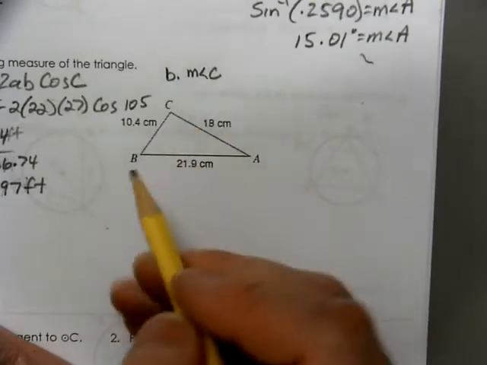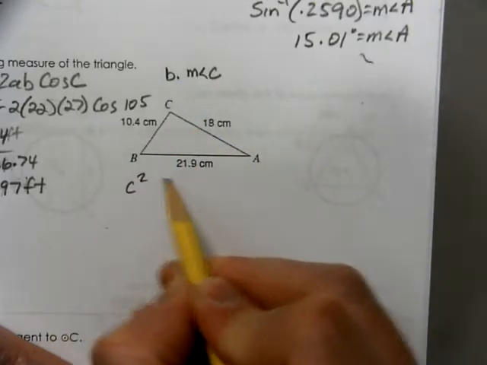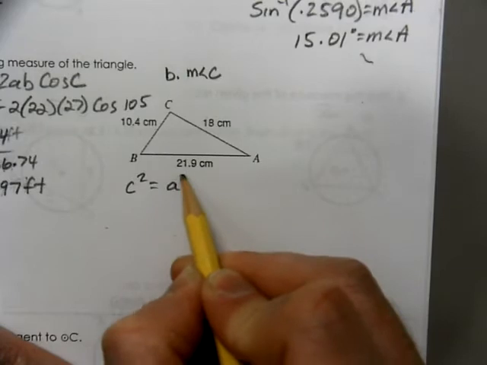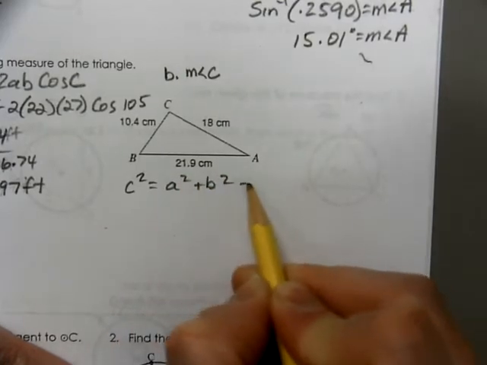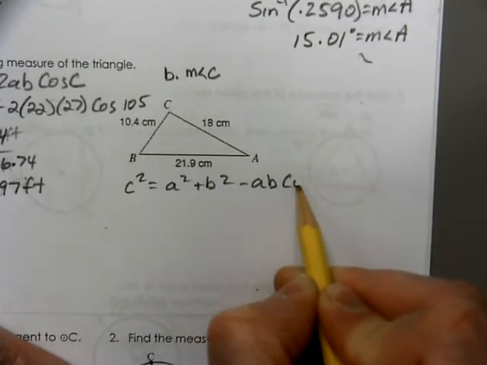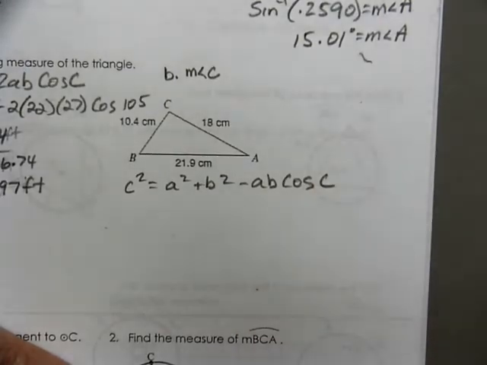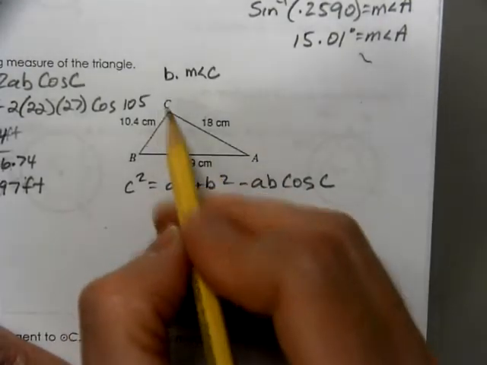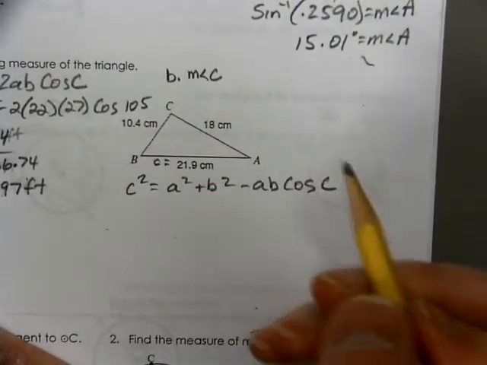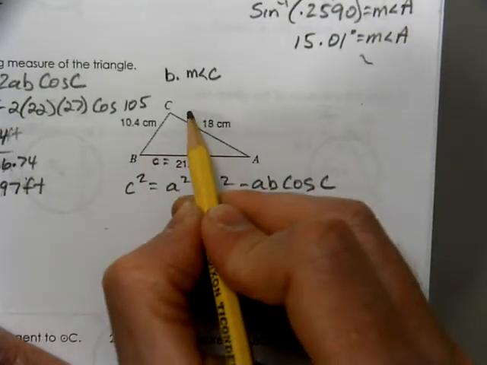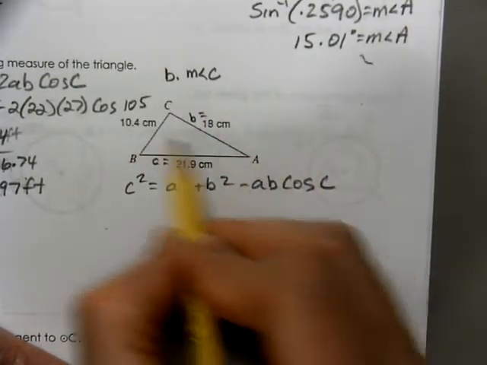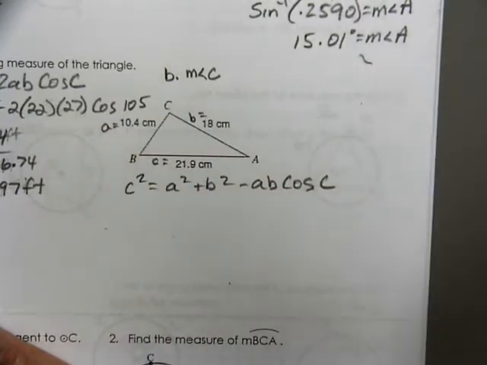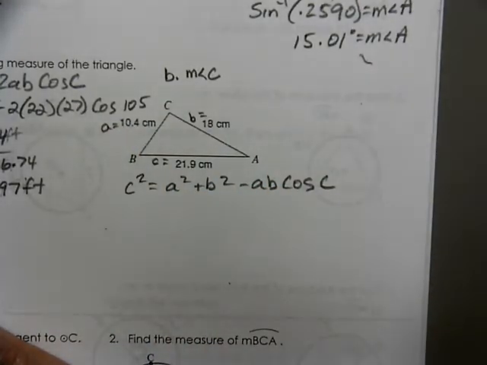So to solve for angle C, we have to use the formula that C squared equals A squared plus B squared minus 2AB cosine of C. Side C is across from angle C. Side B is across from angle B. Side A is across from angle A.